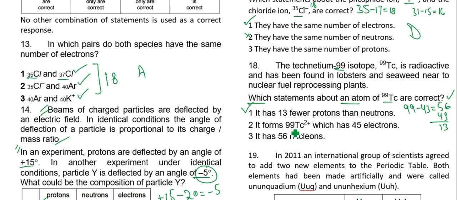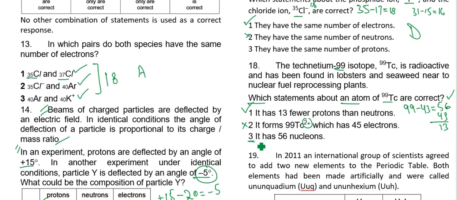Next, it forms technetium-99 with a 2+ charge, which has 45 electrons. Remember, 2+ indicates the loss of electrons, not the gain. So electrons are lost, and the total becomes 41 instead of 45. So suggestion 2 is not correct.